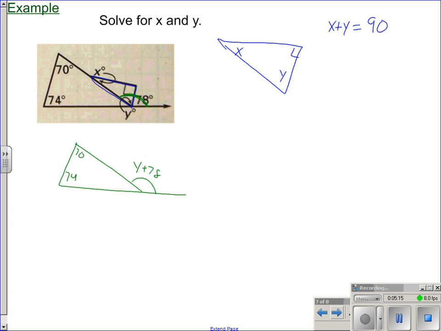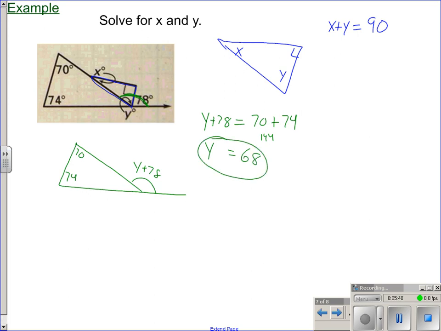So we know that y plus 78, the exterior angle, equals the sum of those remote interior angles. To solve for y, I'm going to subtract the 78. So 70 plus 74 is 144, minus the 78 is going to be 68.